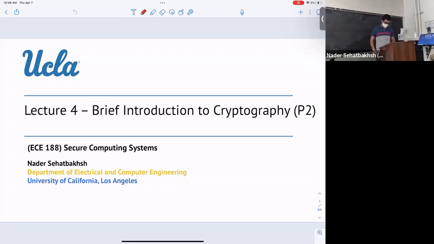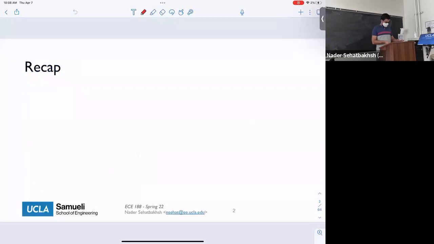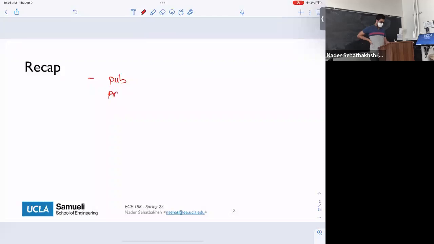Last thing that we discussed was, basically, we started with saying that we will have either public key cryptography or private key, or asymmetric and symmetric.